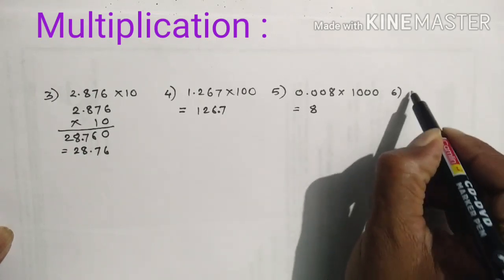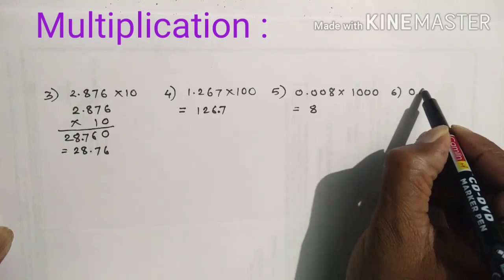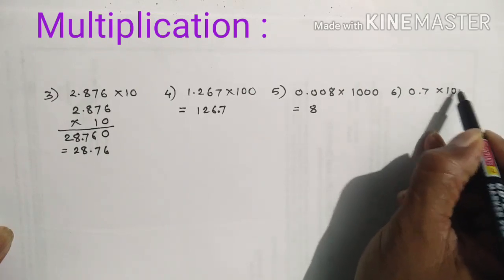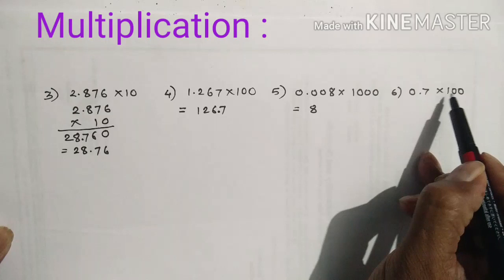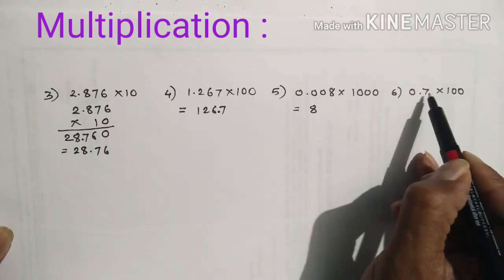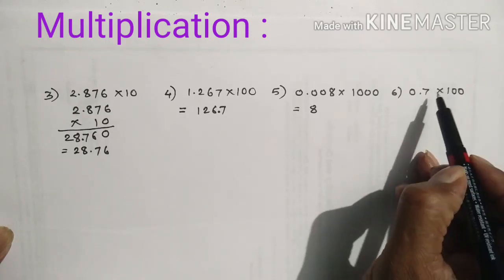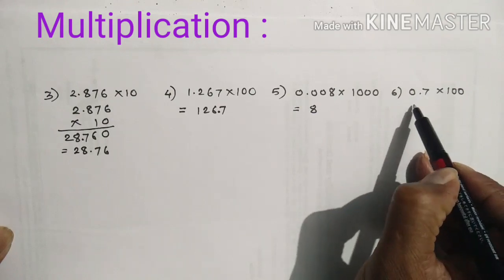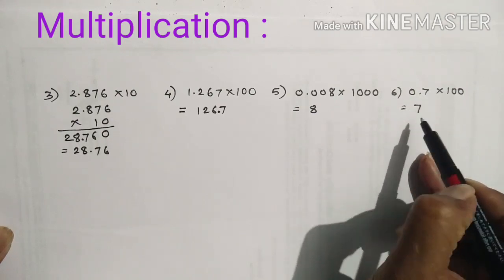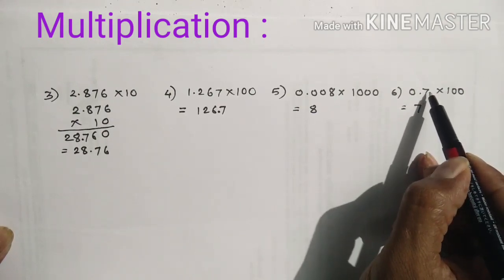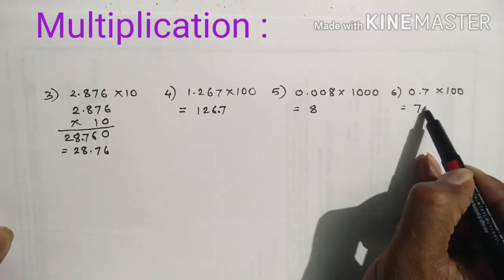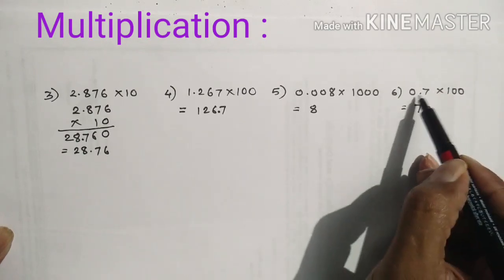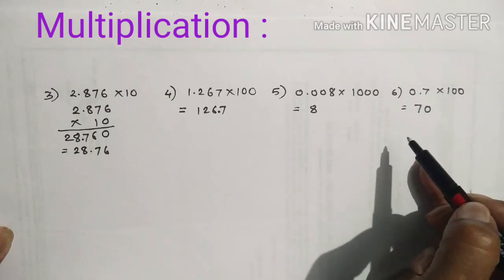If the example is like this, 0.7 multiplied by 100, what will happen here? For two zeros we have to take two jumps. So here only 7 is given, so 7 would be the first jump, and for the second we have to take 0, which means 0.7 multiplied by 100 is 70.